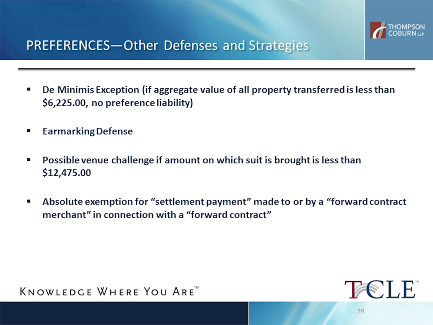So they may have some specific financing source out there that's advancing money for the purpose of acquiring inventory or goods or services, and the debtor actually takes the money and then pays the trade creditor. The theory behind an earmarking defense is really they're just trading one creditor for another. The trade creditor might have gotten paid, but then there's another creditor out there that advanced the money, and now they're owed money.